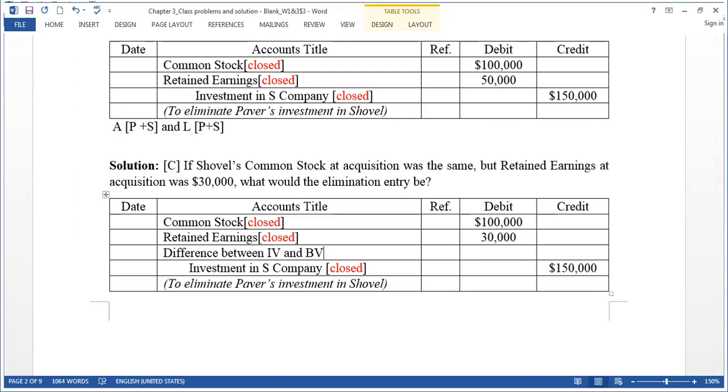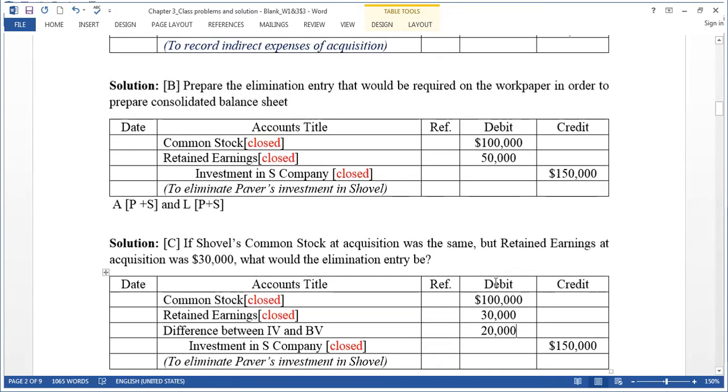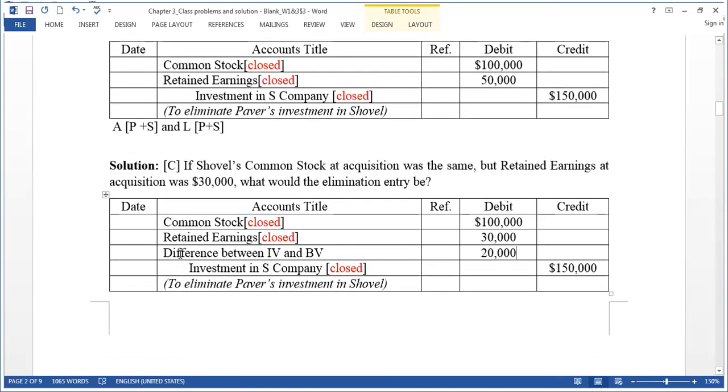So the difference between implied value and book value is $20,000. This question says we have to calculate the difference and put it on the debit side. Maybe the next question will tell you how to handle this kind of difference, if we have any difference.